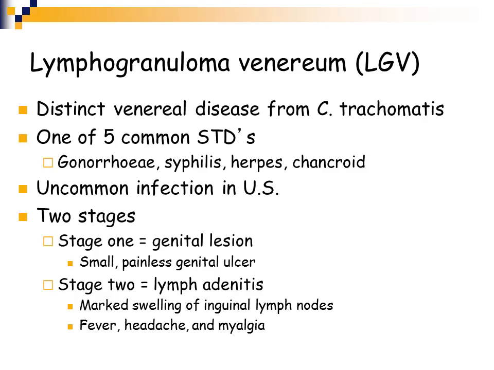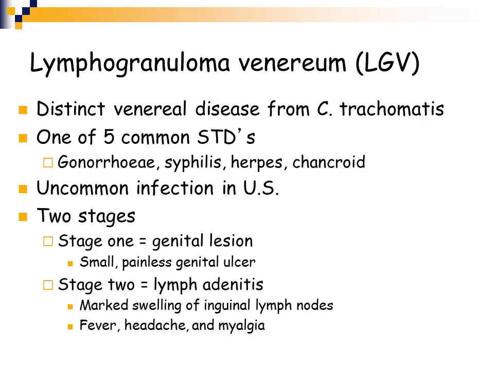So this is one of 5 very common sexually transmitted infections. You have gonorrhea, you have syphilis, you have herpes, which is a viral infection, which we will talk about later in the semester. You have chancroid, which is your Haemophilus ducreyi. I hope all of you thought of that when you saw chancroid there. We've already been tested on that.